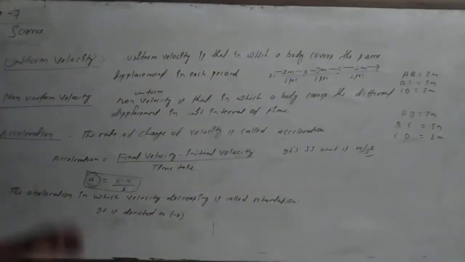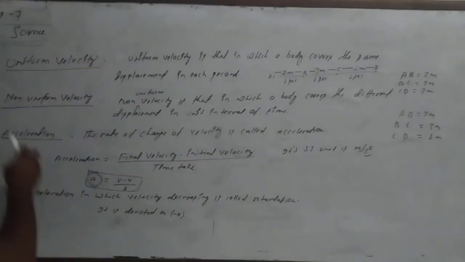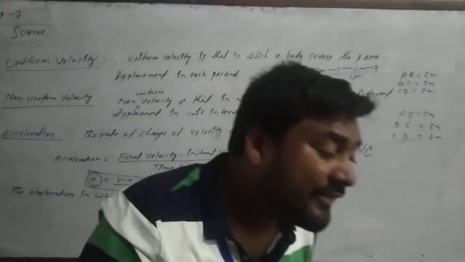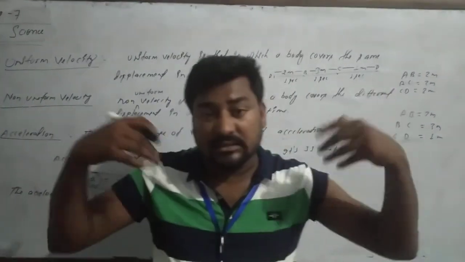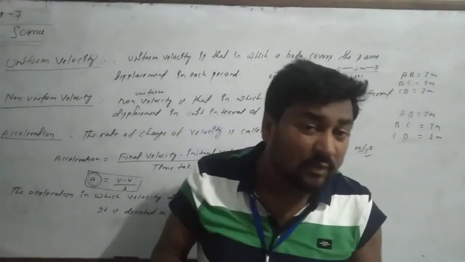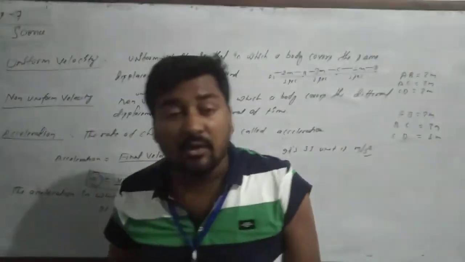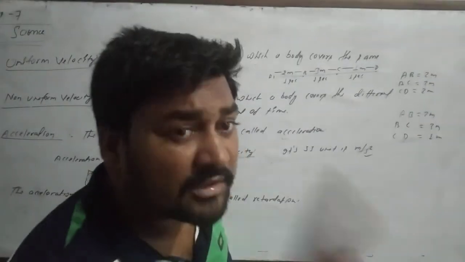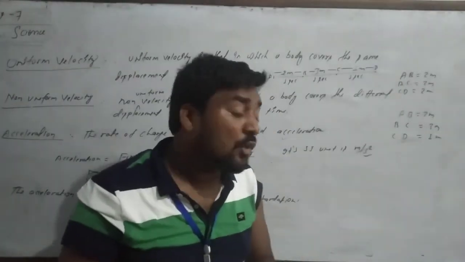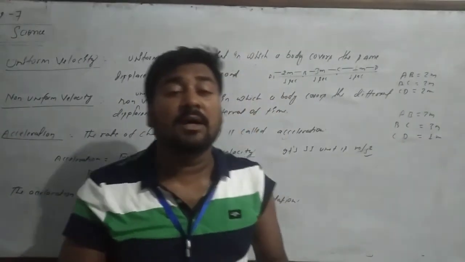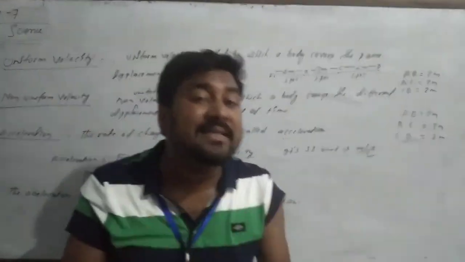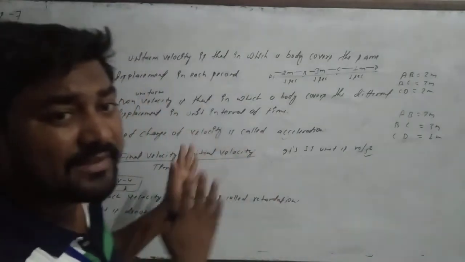You have to remind yourself what is uniform velocity, non-uniform velocity, acceleration, speed, velocity, vector quantity, scalar quantity, whatever we have studied in this chapter, and you must learn the formulas. In the next class we will solve the numericals and questions related to this chapter.